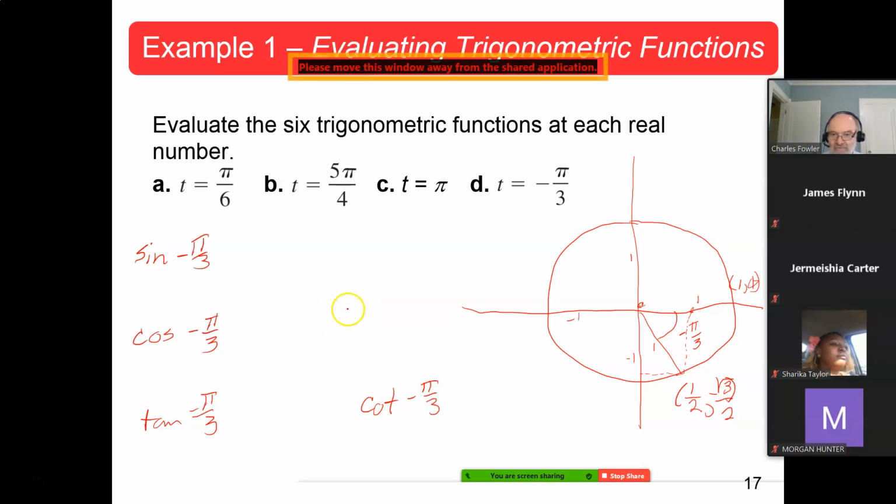We can do the secant of negative pi thirds. And we can do the cosecant of negative pi thirds. Now you might prefer it if I put them in parentheses. I'm having trouble writing periods, but yeah, they are probably easier to read if you do it that way.